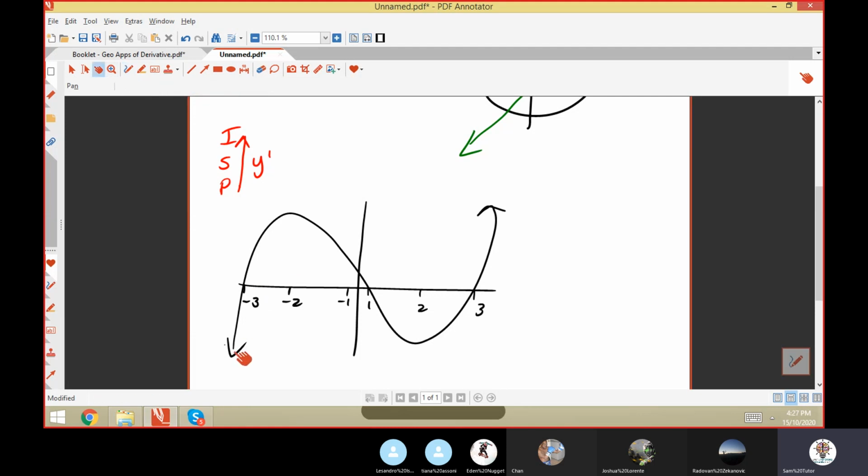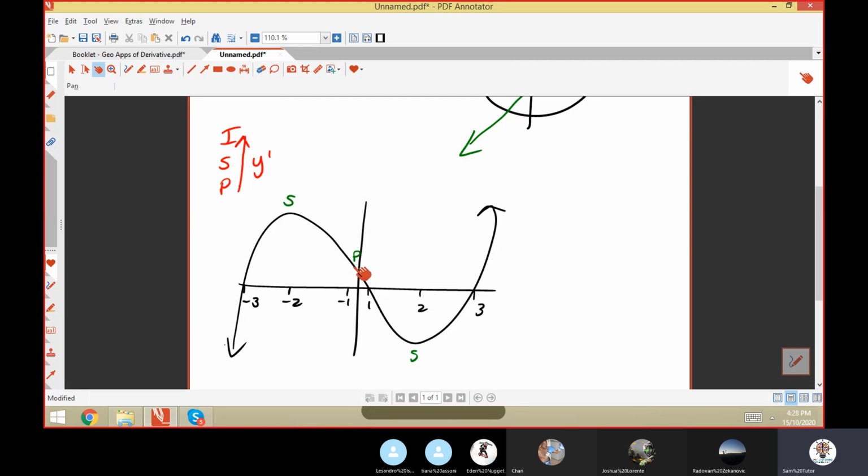Let's have a look at this. Intercepts become nothing, so you don't look at what intercepts become. All you're interested in is P and S. That's an S, that's a P, and that's an S. A point of inflection is just the point where it's changing from a maximum to a minimum, or a happy to a sad, or a sad to a happy.